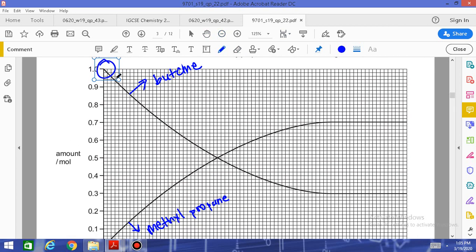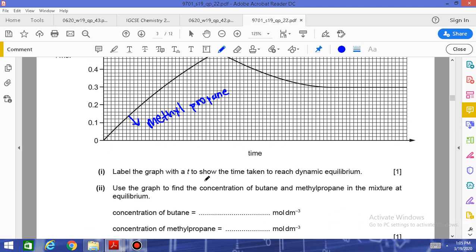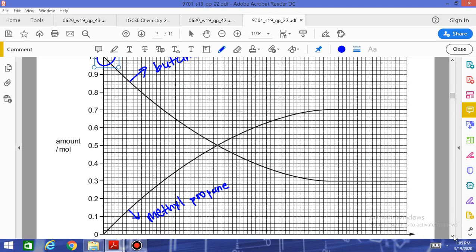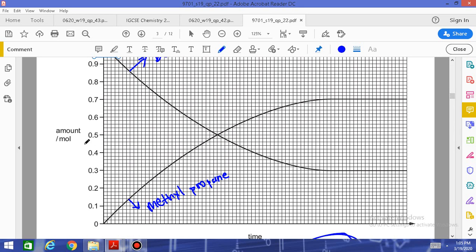Once again, 1 mole of butane is added, so this graph is for butane and this graph is for methylpropane. Label the graph with a T to show the time taken to reach dynamic equilibrium. Remember, we have a graph of time versus amount in mole.